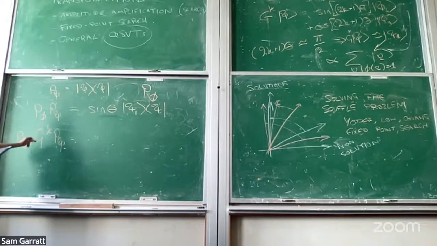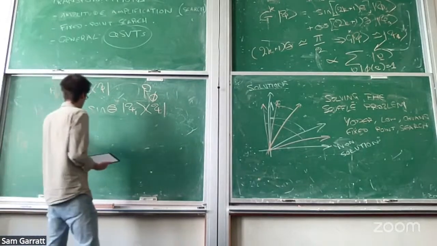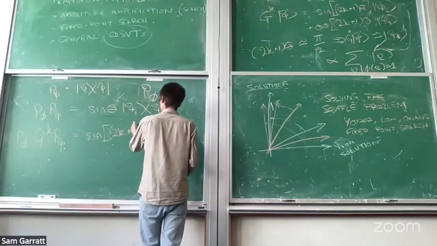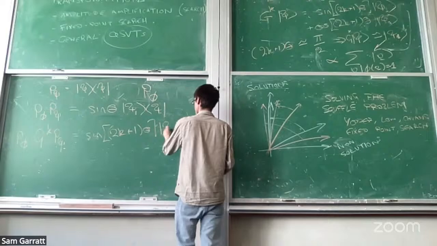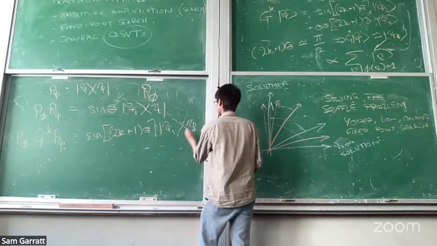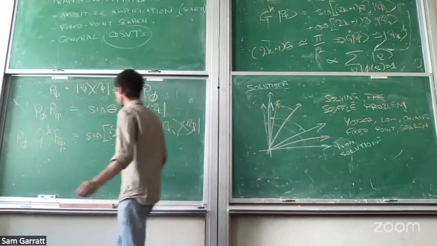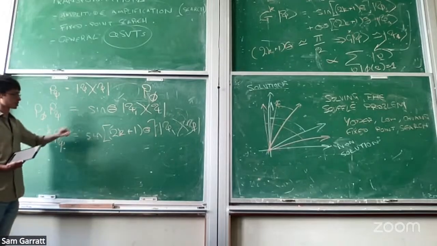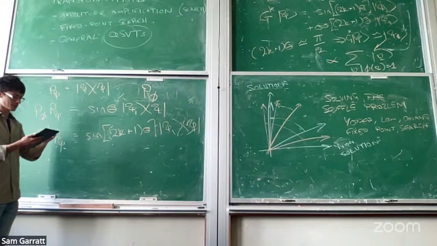This was our Grover iterate to the power of k. We constructed a unitary that did this. Okay, so it looks pretty innocuous, but we put a unitary in here, and what's happened is that this sine theta was changed to sine of (2k plus 1) theta.